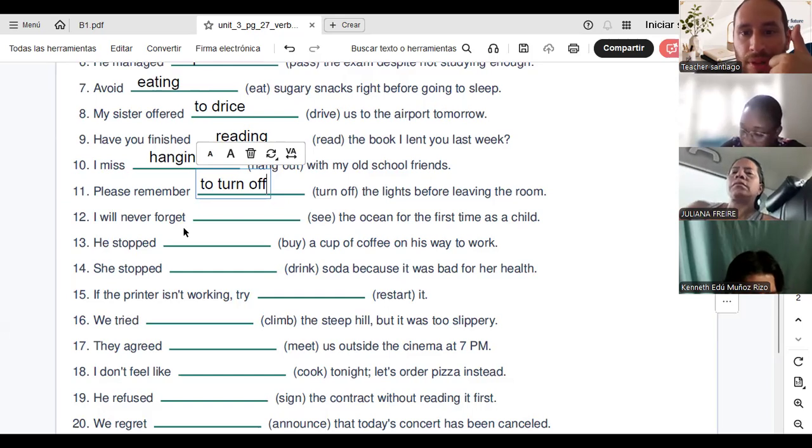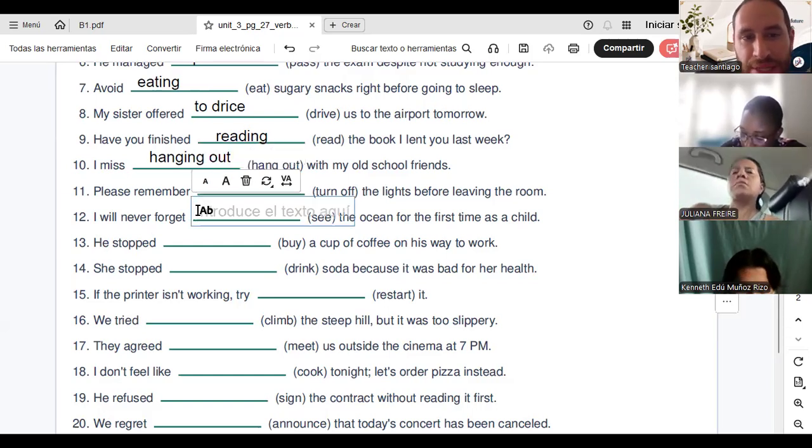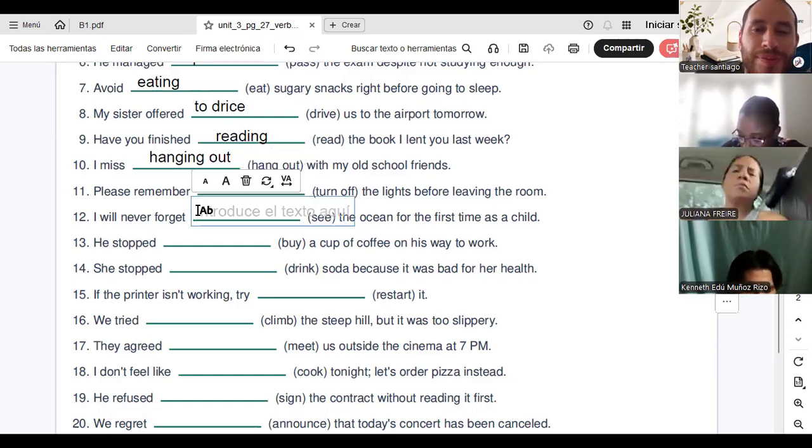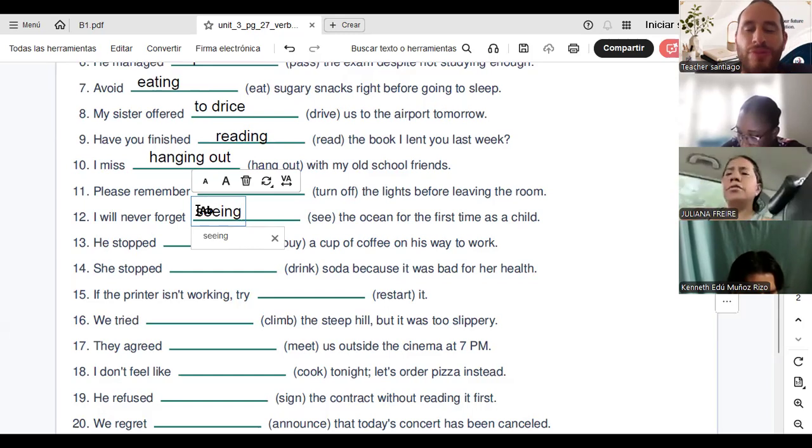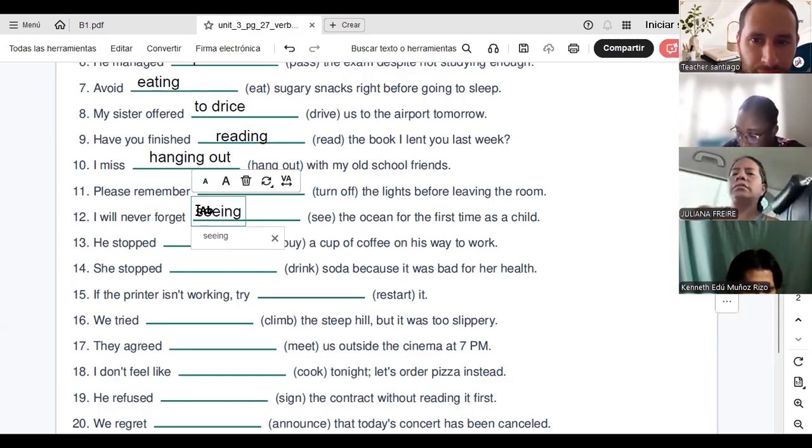Tenían que hacer algo y lo olvidaron. ¿Cierto? And forget with ing es olvidaron algo que ya hicieron. But in this case está negativo. No va a olvidar la primera vez que vio el océano. So, it's gerundio. Jerome, yes. I will never forget seeing the ocean for the first time as a child.